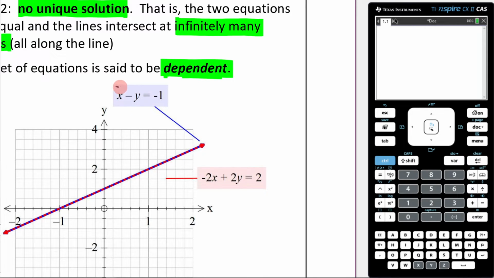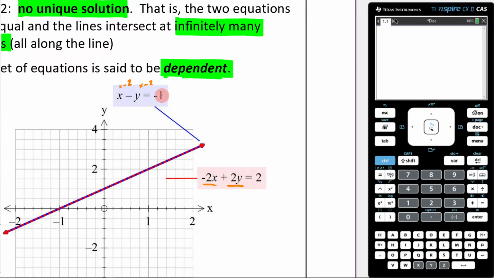Well, if I multiply this, and I'll do this in a different color. What color should I do? I'll do it in orange. If I multiply this x by -2, well, -2 times x is negative 2x. And if I multiply this negative y by -2 as well, well, negative y times -2 is positive 2y.